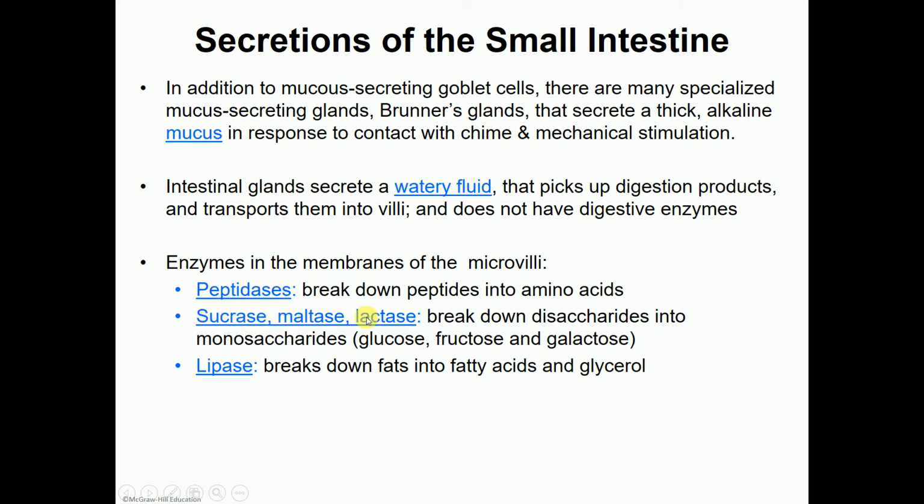Sucrase, maltase, and lactase are going to digest these disaccharides, sucrose, maltose, and lactose, into their monosaccharide units, their monomers, which are glucose, fructose, and galactose. And those are the monosaccharides that our body can absorb. Lipase enzyme, again, will finalize the digestion of fat into fatty acids and glycerol.